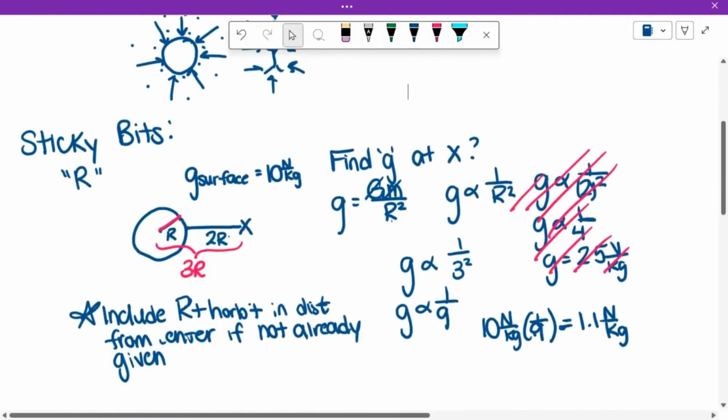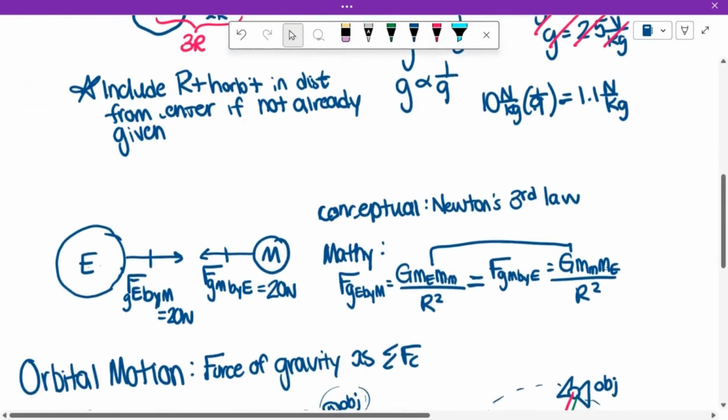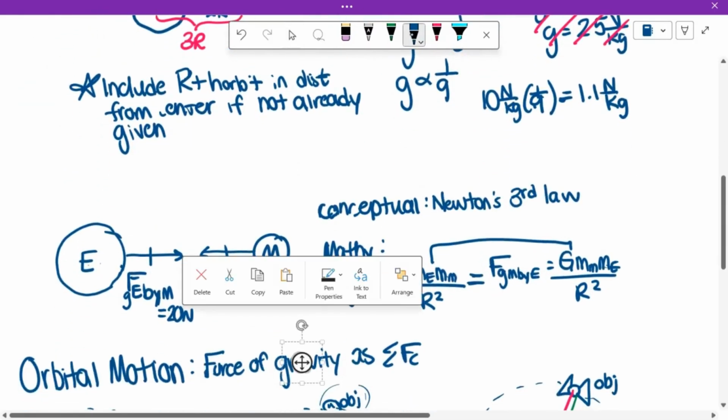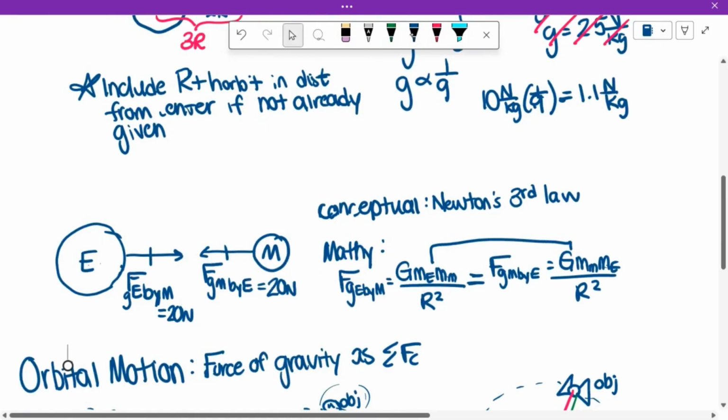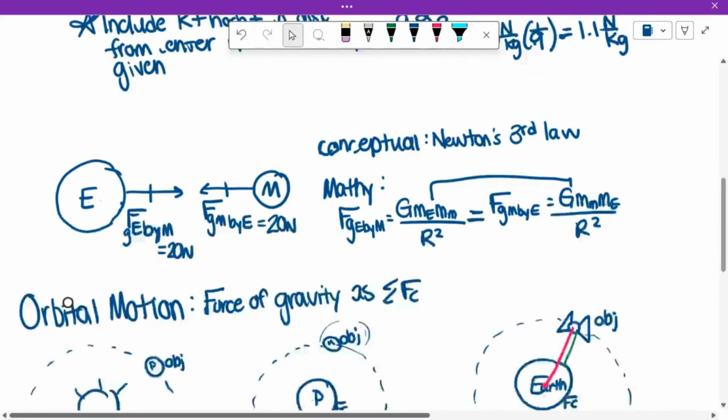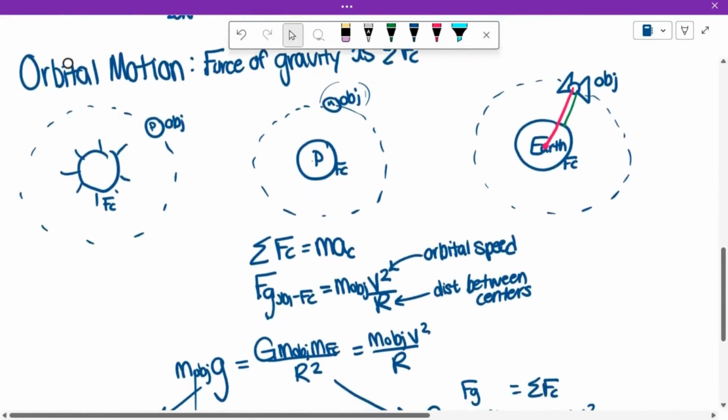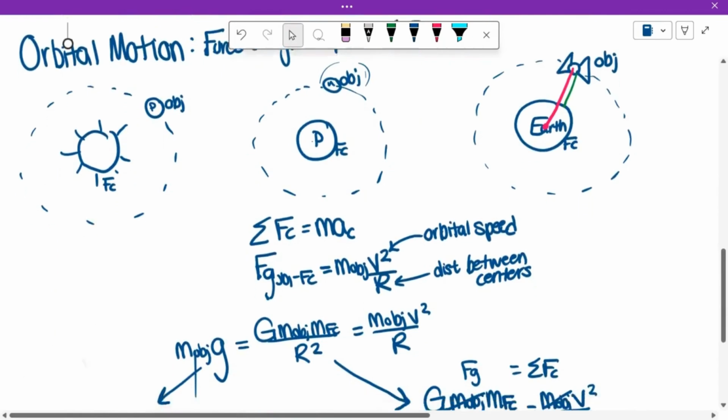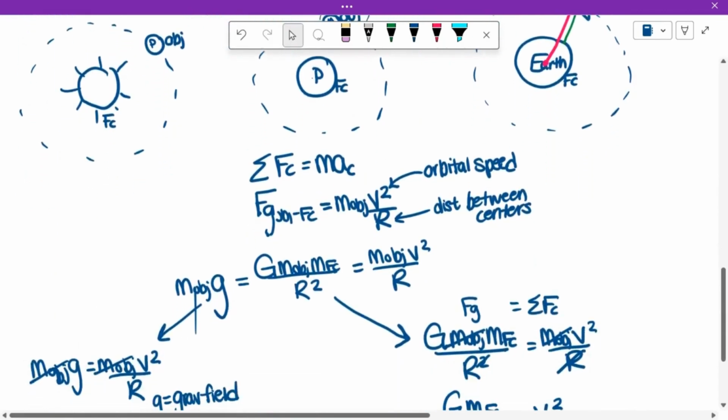Our sticky bits: make sure that that r is really your distance from center, and make sure we're paying attention to some tricky third law questions and not falling into traps that are set up for us. And then we talked about how gravity can be our centripetal force. We can use either force of gravity as our centripetal force, depending upon what information we have or what information we need.